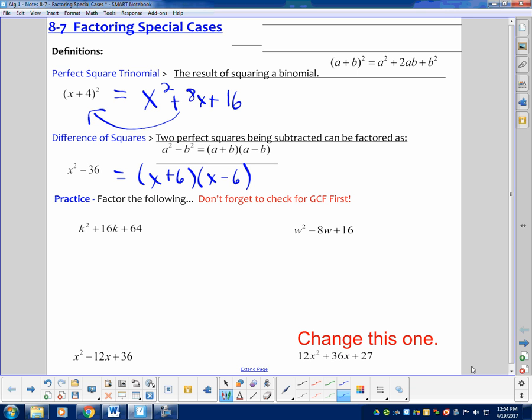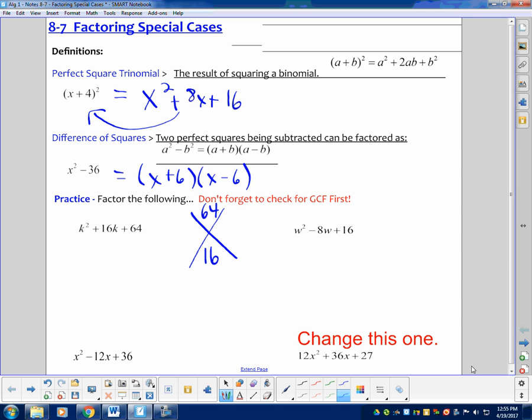We're looking for factors of 64 that add to equal 16. You're going to notice a pattern here: these two numbers on these types of problems will be the same. Two numbers that multiply to equal 64 and add to equal 16.